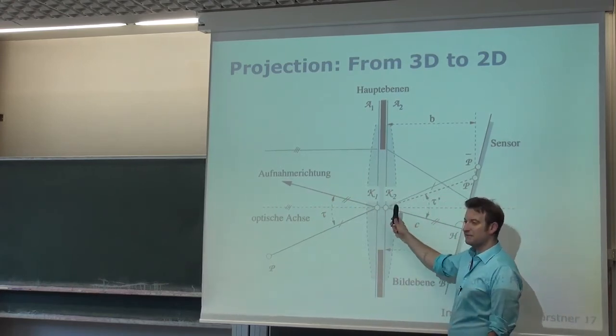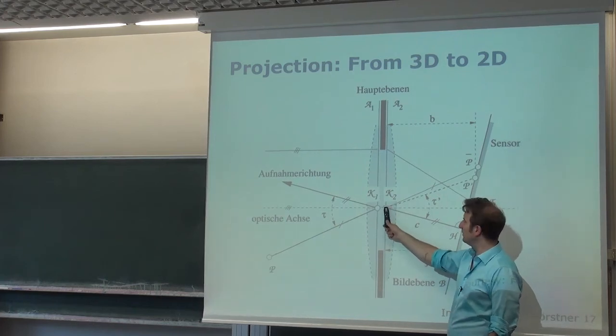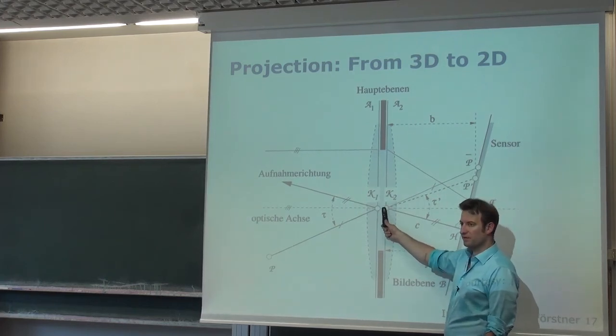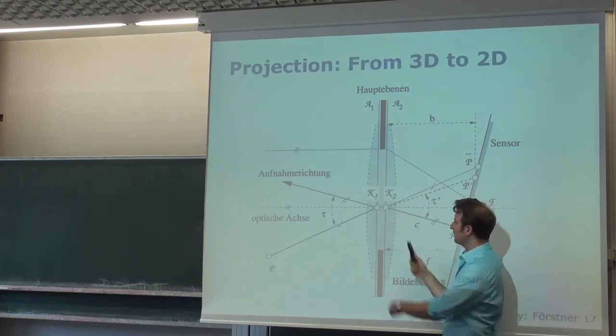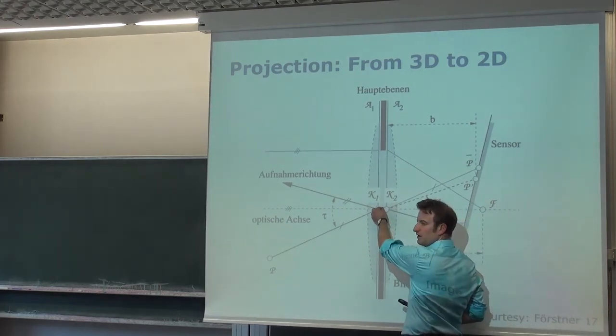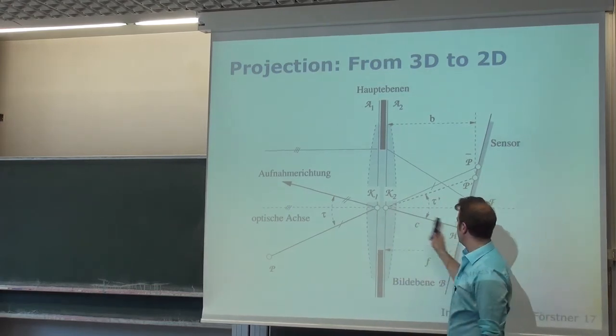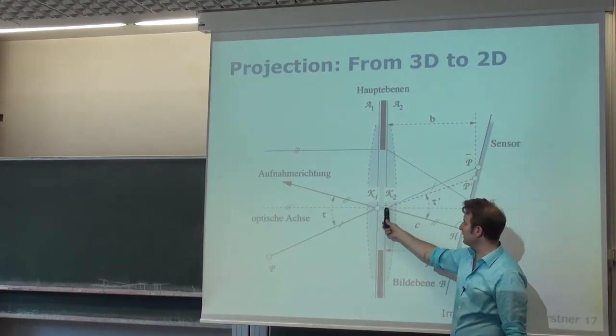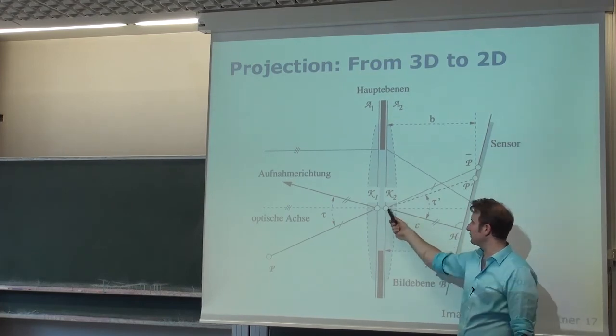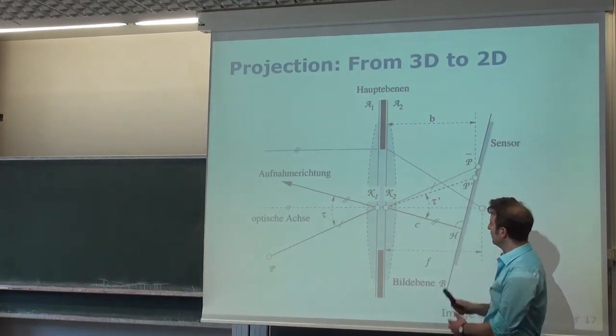And then I have a distance between the origin of the camera, which is this point K1 and K2, which is typically assumed to be the same point for a thin lens, then the image plane, so distance from the origin to the principal point, is exactly my camera constant c.